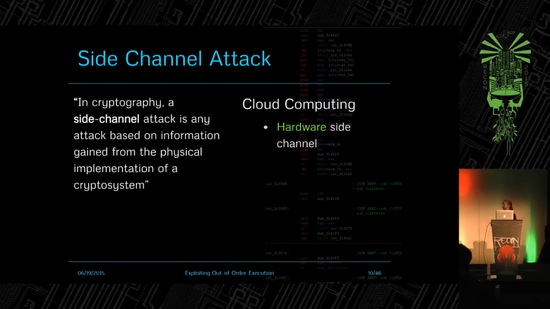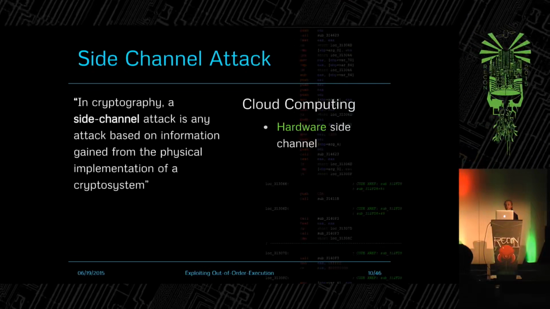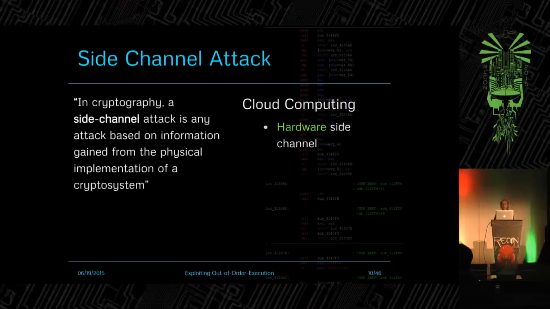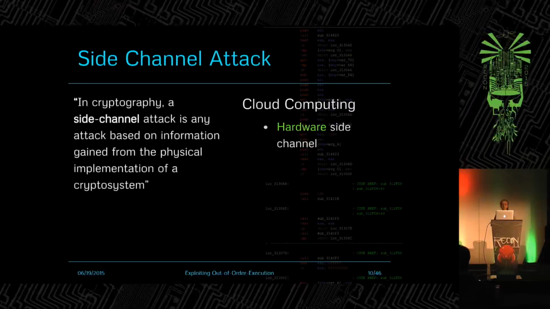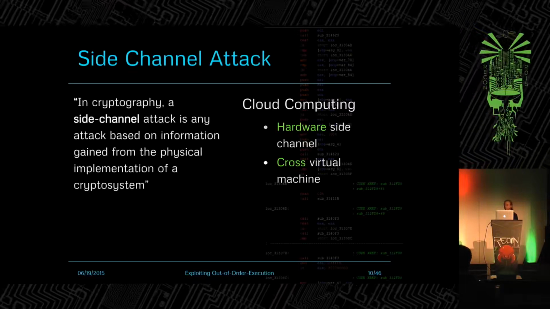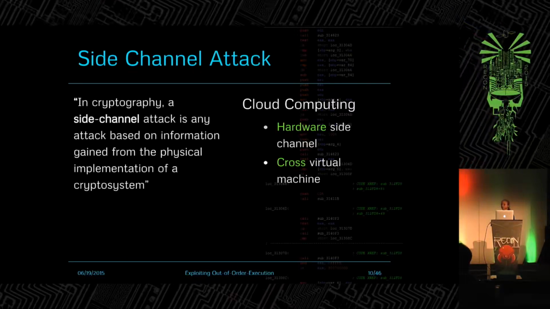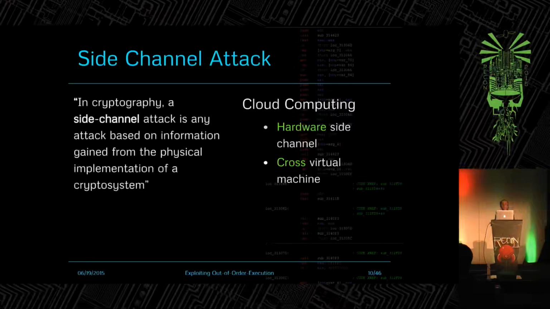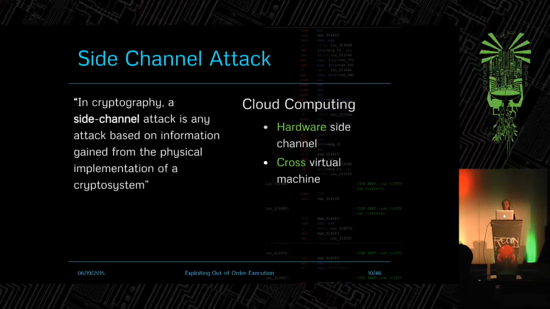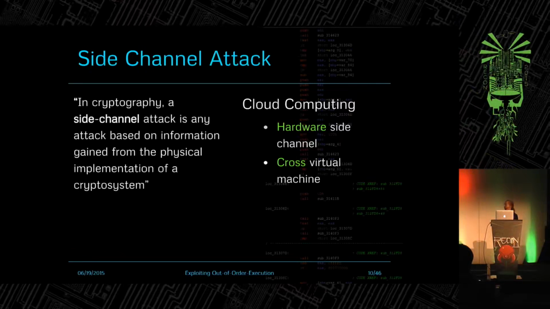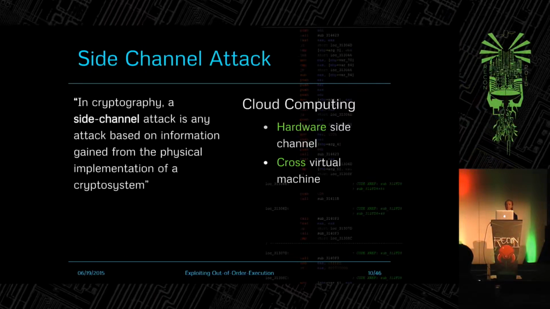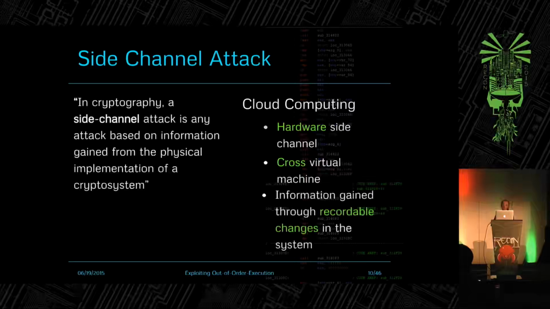And now in cloud computing, it's quite similar. It's a hardware-based side channel, which means that the physical environment surrounding the virtual machines is what's leaking the information. And it does mean it's cross-VM, so each VM, even though it's like a black box to other VMs, they can't query inside of it and they can't directly access anything inside. They can learn about the surrounding environment that that virtual machine is running on.